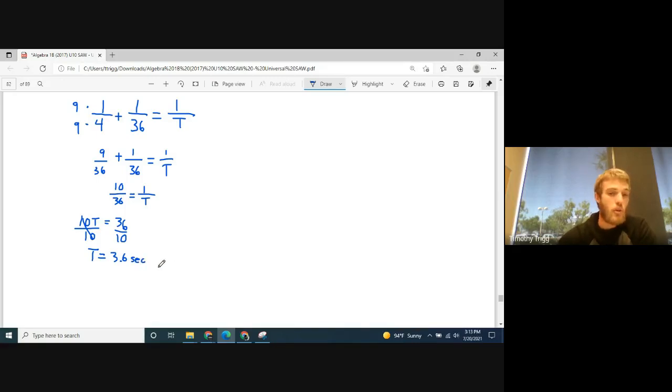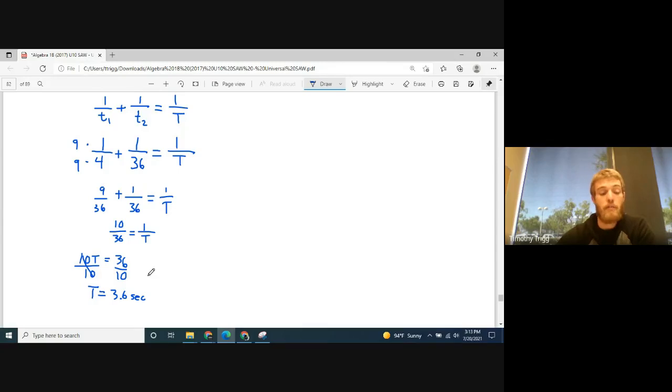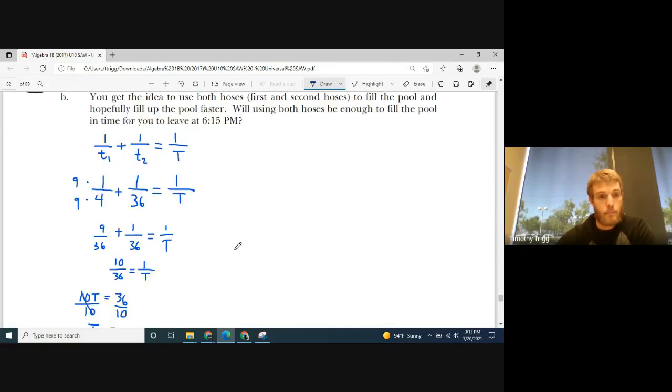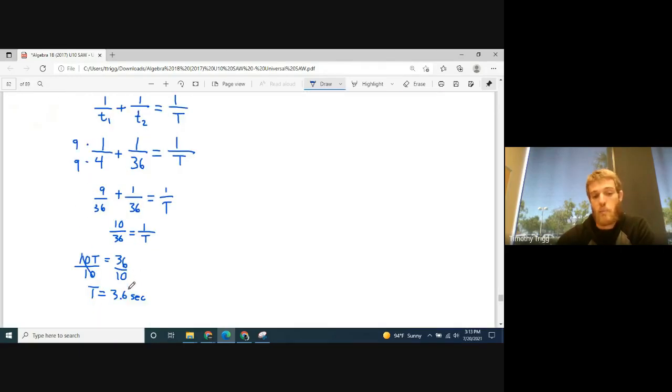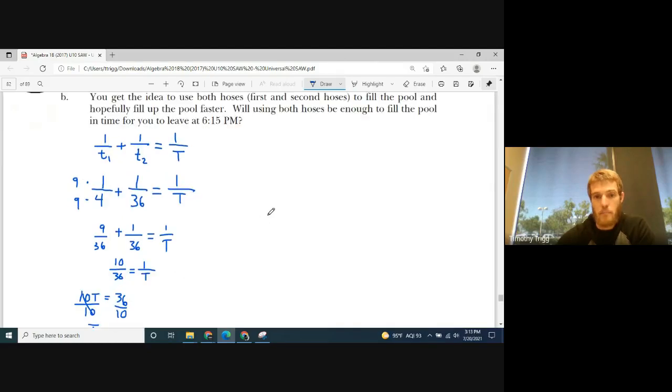Okay, so both the hoses working together will be able to fill up the 5-gallon bucket in 3.6 seconds, which is a little bit faster than the first hose alone, right? The first hose alone was 4 seconds. Now with the help of the other hose, it only takes 3.6 seconds to fill up that 5-gallon bucket.